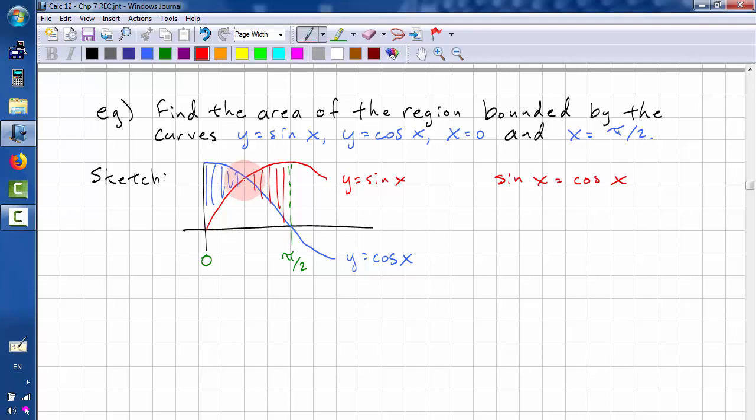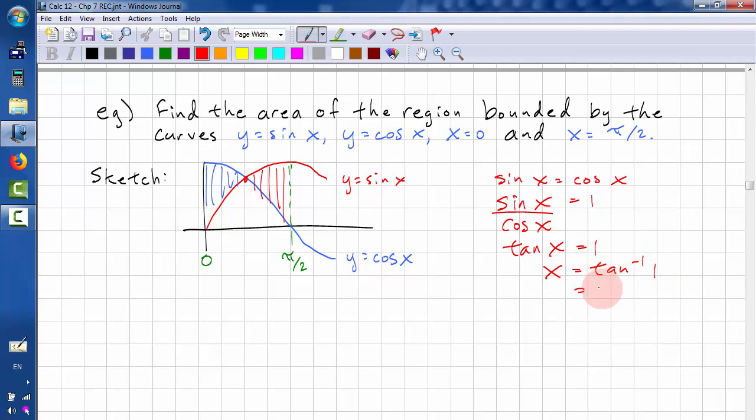We need to find this 0, or intersection. Recall, if you recall how to do this from pre-calc 12, we divide both sides by cos. That gives us 1 on that side. We convert this into tangent, and now we have x equals inverse tan of 1.